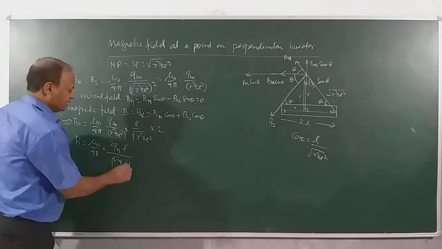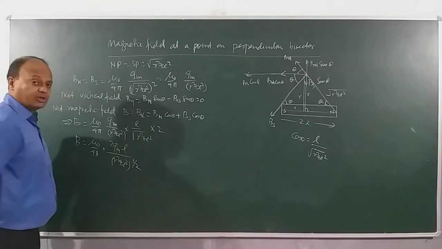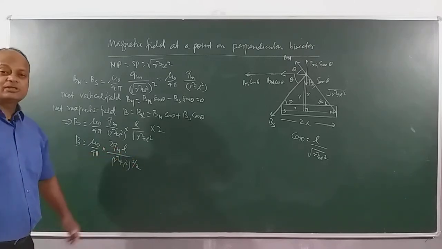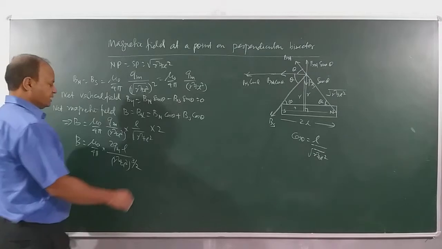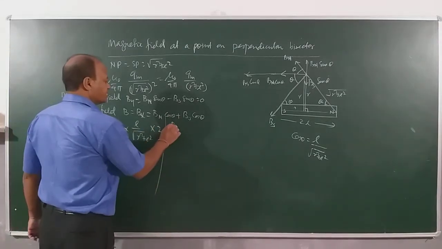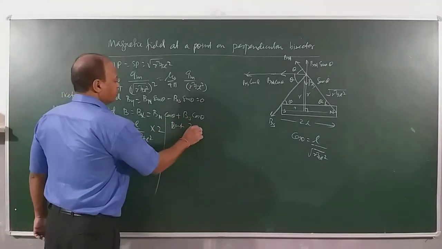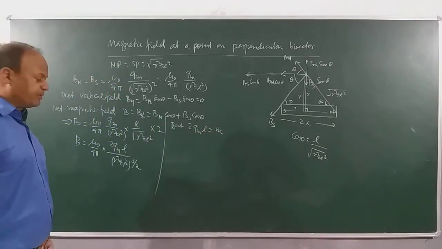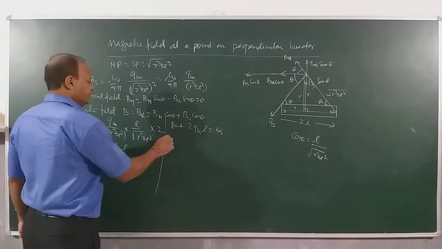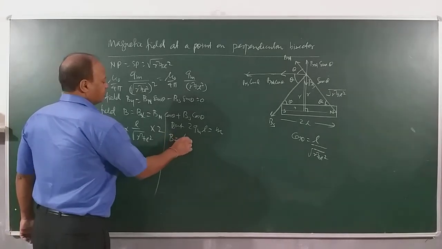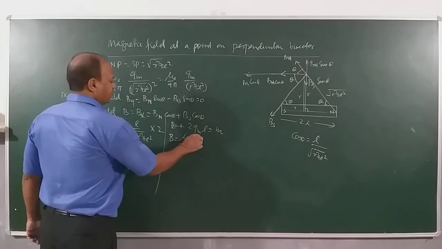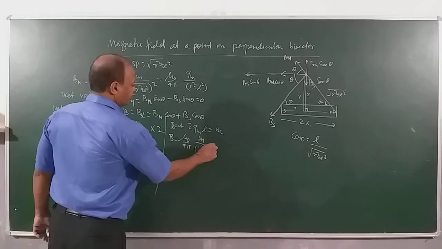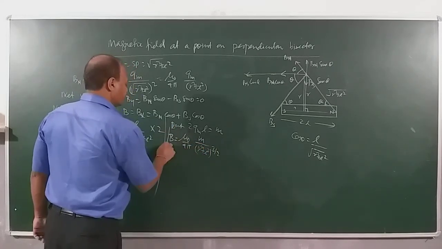If you multiply, the power becomes 3 by 2. And children, you already know that 2 Qm into l is the magnetic dipole moment M. If I put this value, then B is equal to mu naught upon 4 pi, M divided by r square plus l square to the power 3 by 2. So children, this I got.